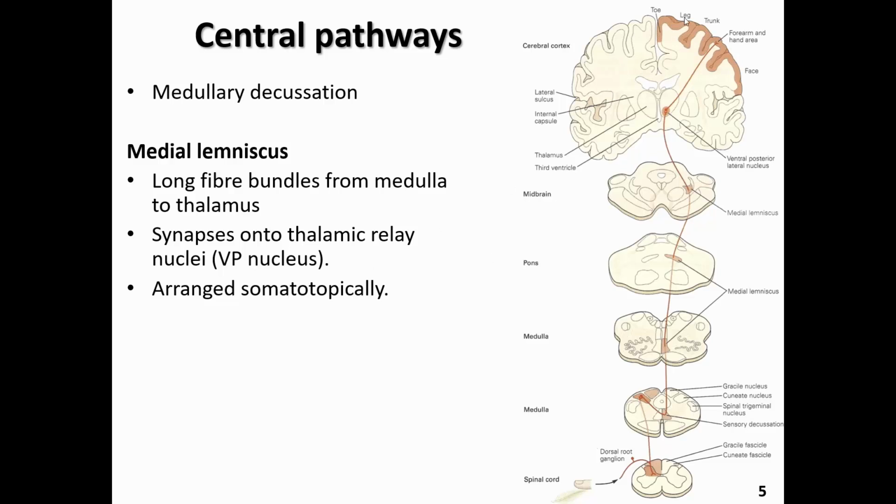So as you can see here at the top right-hand corner, there are unique portions of the cerebral cortex that receive information regarding the trunk, the leg, the toe, so on and so forth. And that's the somatotopic organization of the cerebral cortex.